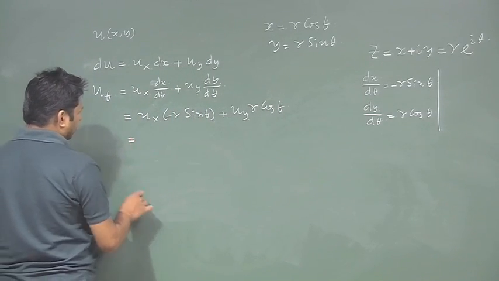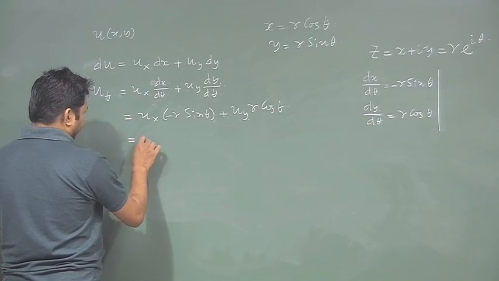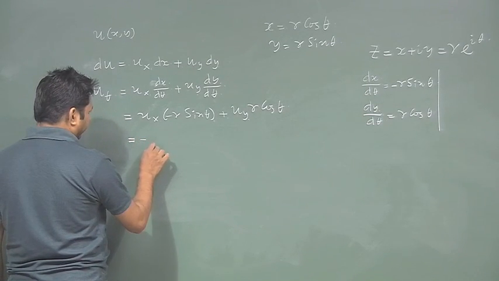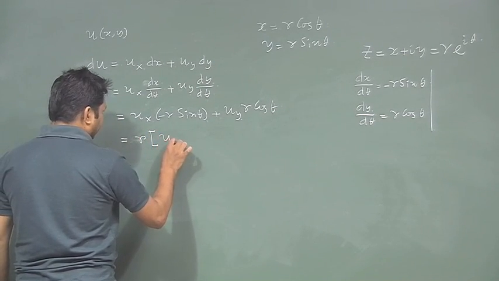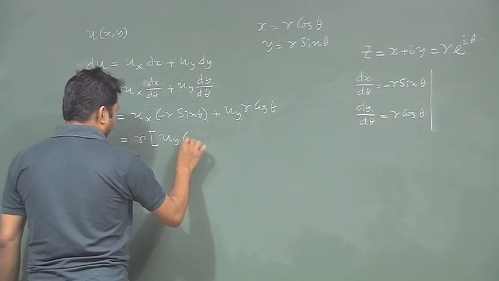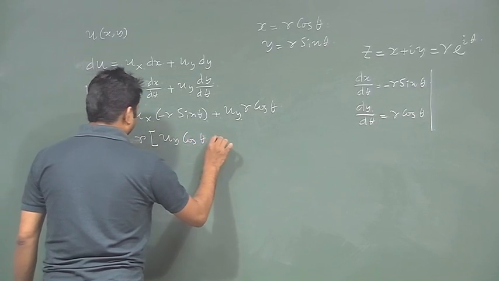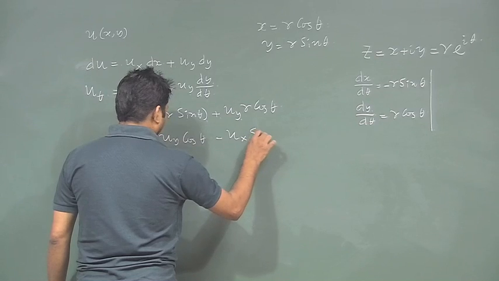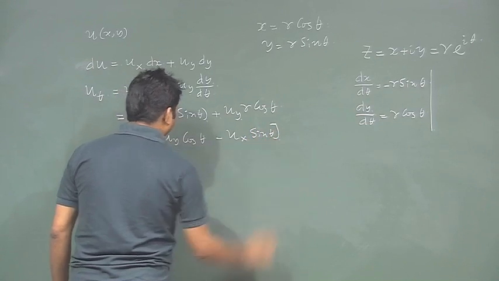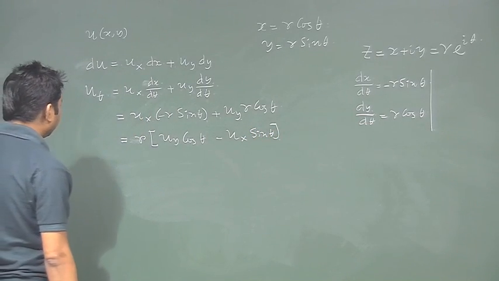So it is r times uy cos theta minus ux sin theta. Okay, I will have one expression in my hand, something like this.